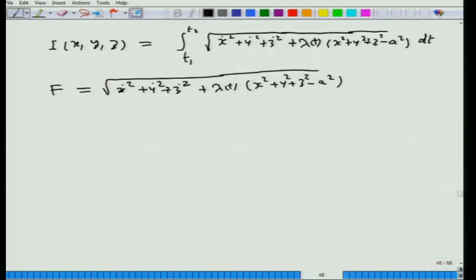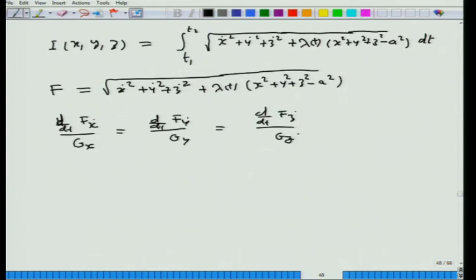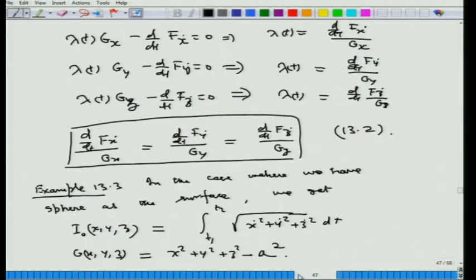So, the equation we have is d by dt of f x dot over g x equal to d by dt of f y dot over g y equal to d by dt of f z dot over g z. That is the number we had given 13.2.